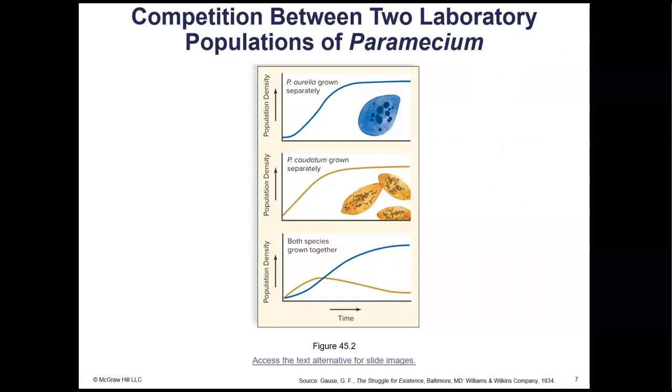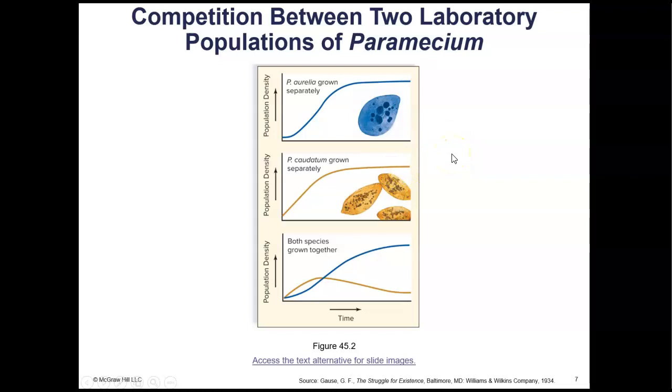I cannot remember his name, but there's a scientist whose research led to the competitive exclusion principle. So it's a principle that explains a little bit about the role of competition. He did this experiment, and these experiments were done in test tubes in the laboratory.